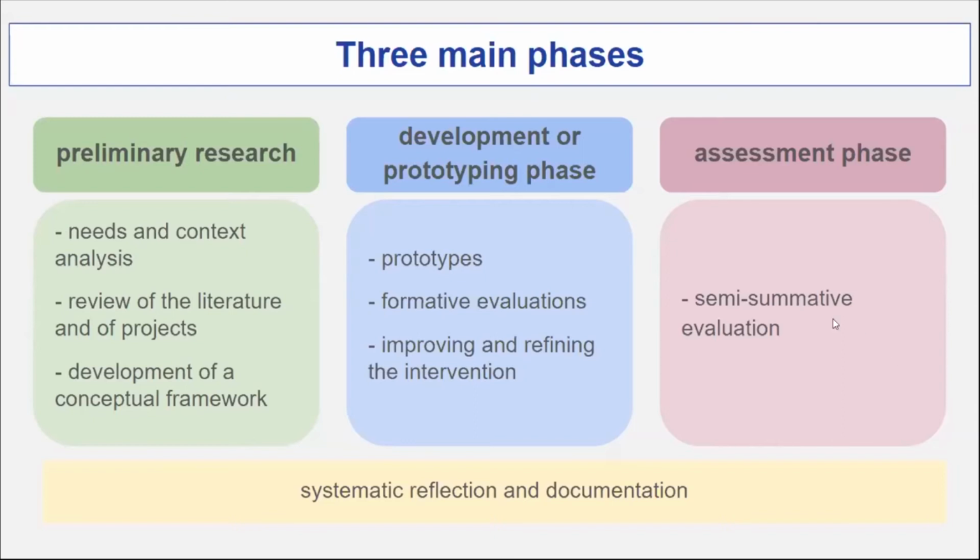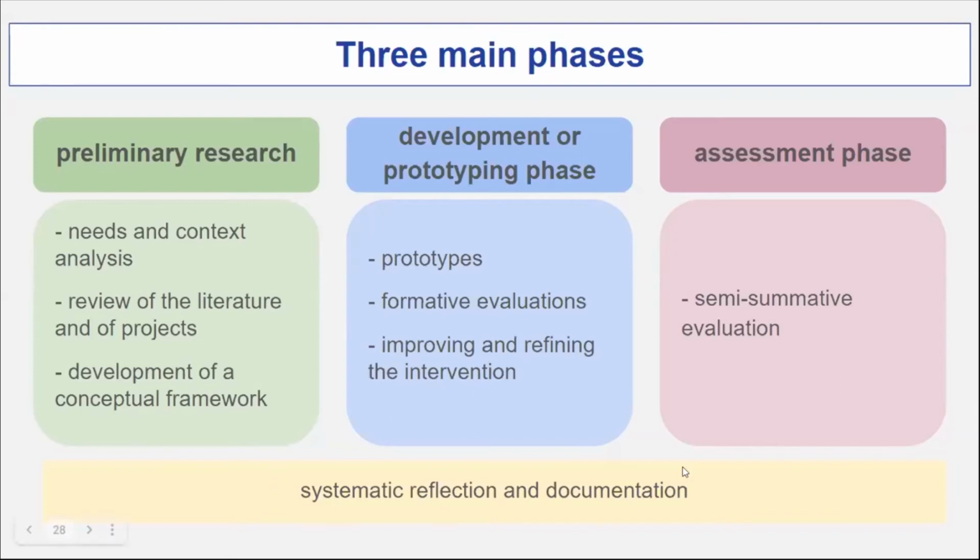Then the second phase, prototypes are going to be tried out and revised on the basis of formative evaluations, and it aims at improving and refining the intervention. In the assessment phase, semi-summative evaluation is carried out to conclude whether the solution or intervention meets the predetermined specifications and whether it is effective and valid.